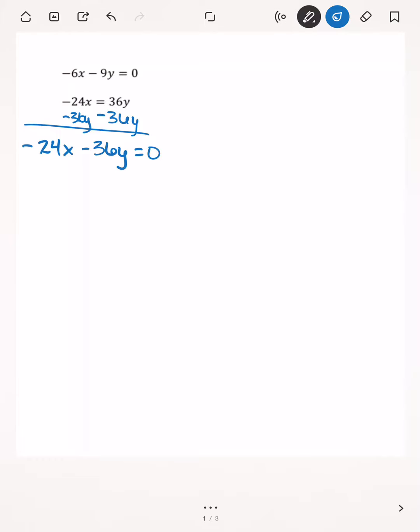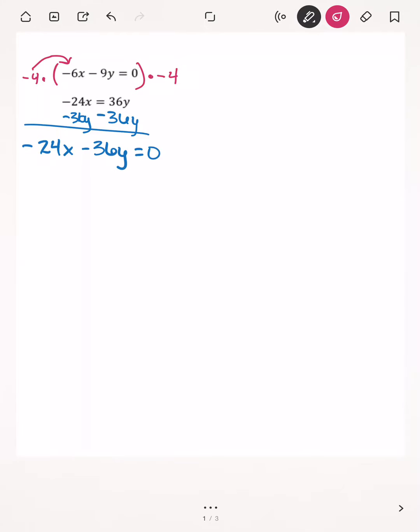If I multiply this first equation by negative 4, that will give me a positive 24x, and it allows me to eliminate my x values. Now I have to multiply both sides by negative 4 because I have to keep my equation balanced.